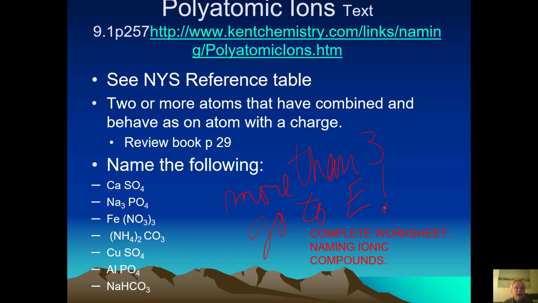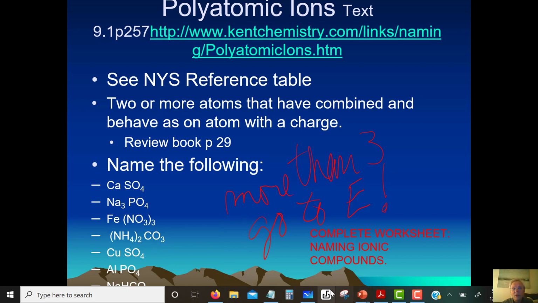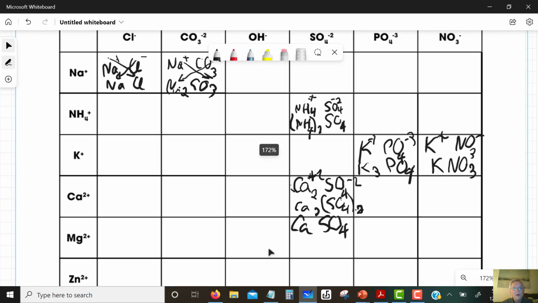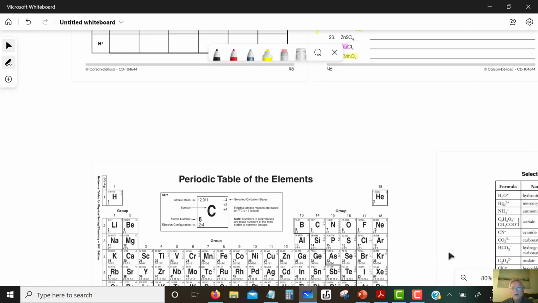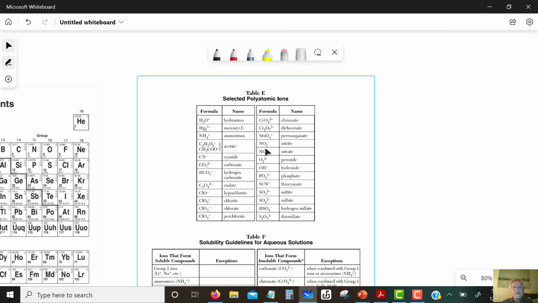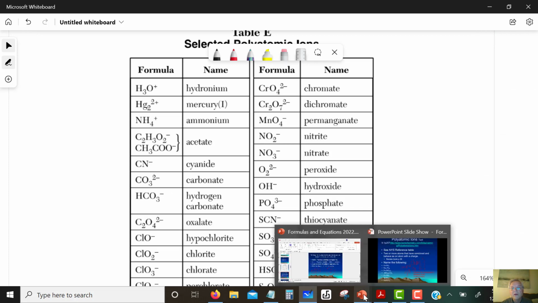So, the first one is calcium, and that is attached to, according to reference table E, I'll give you a second to look it up. Actually, I will bring it up myself. You can see here that's sulfate, so that is calcium sulfate.